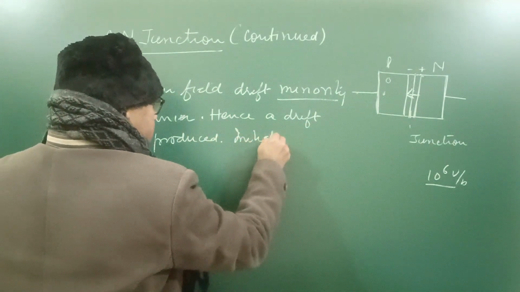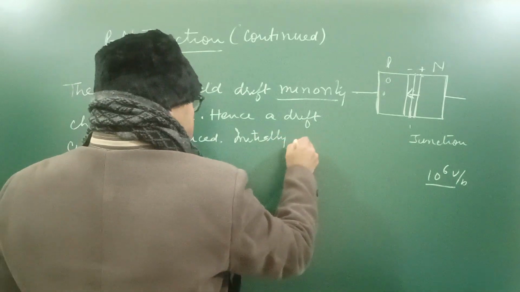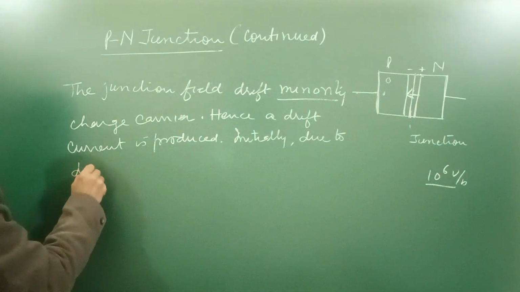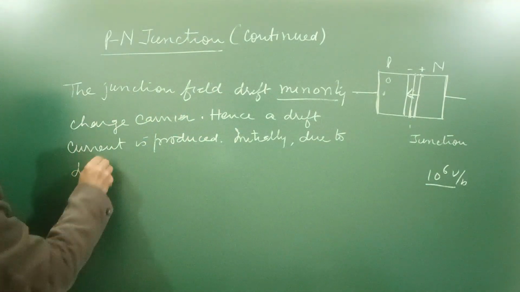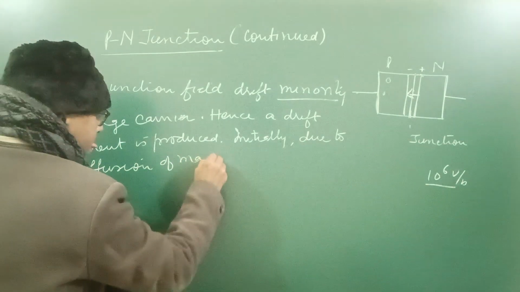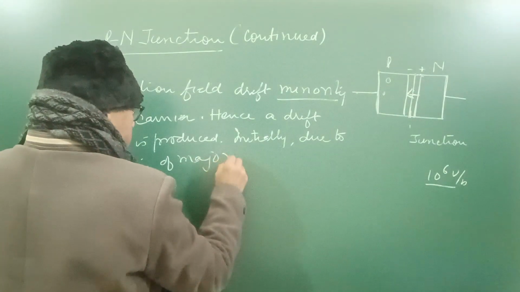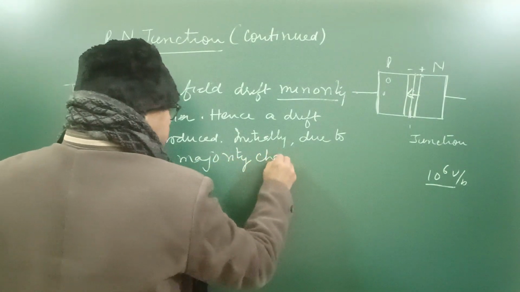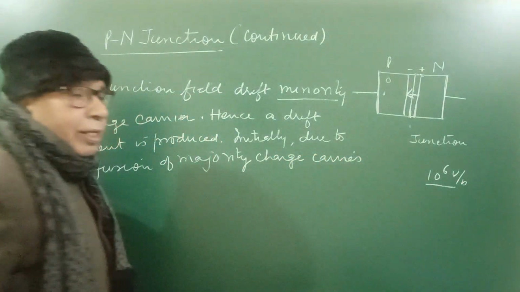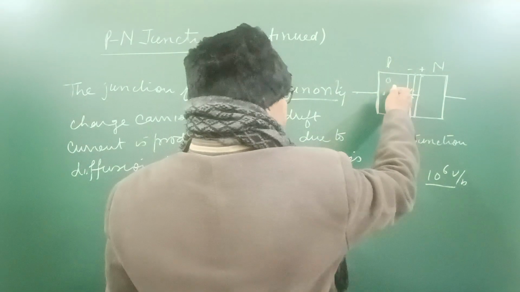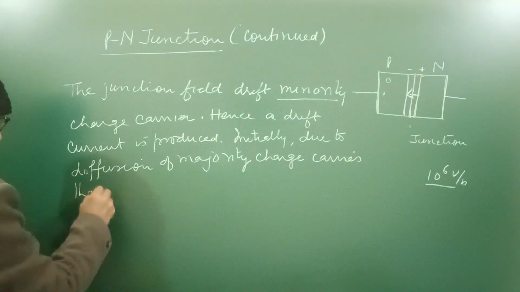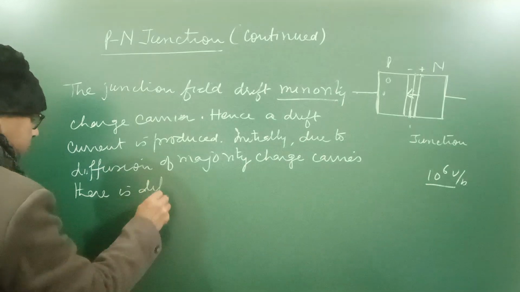Initially, due to diffusion of majority charge carriers, there is a diffusion current. Majority charge carriers means holes here, electrons there.